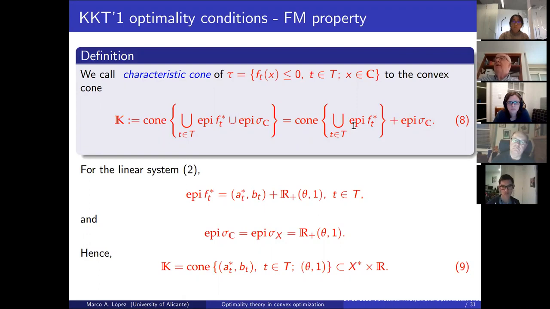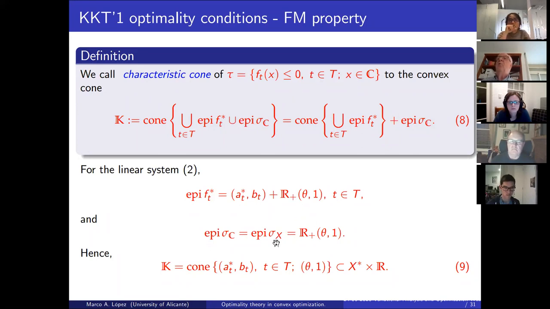The elements of my problem are the functions ft and the set C, and theoretically we can compute the conjugates. In the linear case, things are easier, if the constraints are continuous affine. In this case, the epigraph of the conjugate is this half line, starting at this point and going upwards.